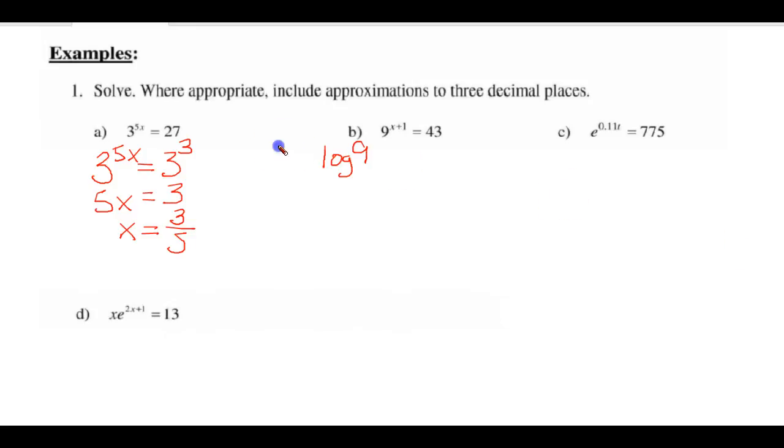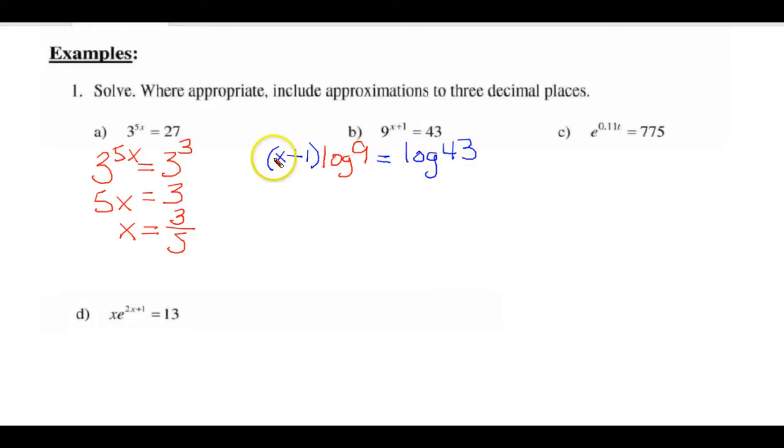And that would be in parentheses x plus 1. So we have to keep that as a unit. And now that equals log of 43. And that's base 10. We just don't write it.